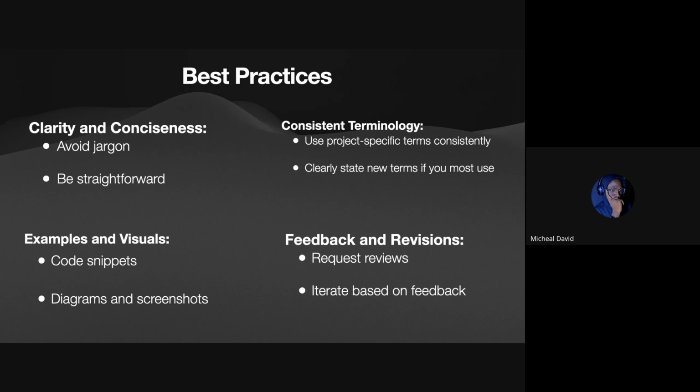So you must be attentive to feedbacks and revisions. So what does this mean? You take feedbacks, be open to feedbacks, and when they give you feedbacks, do your revision, correct your mistakes, work on the feedbacks, and then take another feedback. Just iterate until you have something you can present, right?